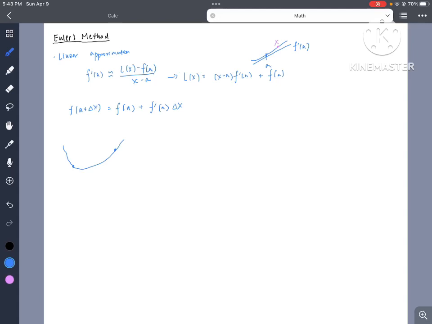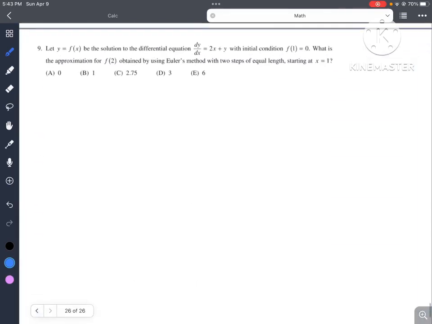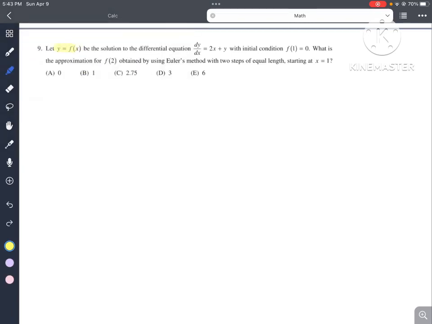So of course, let's do some practice so we have some hands-on experience using this method. Here y is a function, y is equal to f of x, and this is the solution to this differential equation with the initial condition f of 1 is equal to 0.